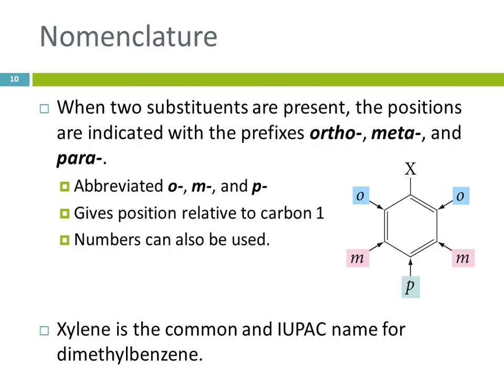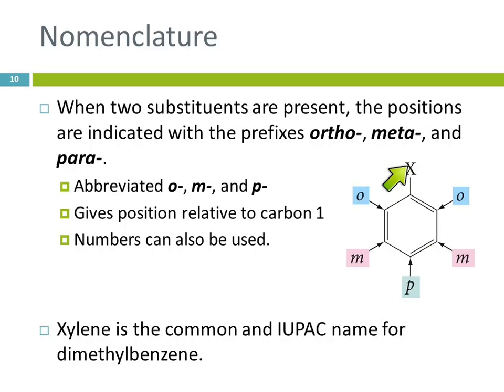Things get more interesting when we have two substituents. We have to indicate where they are. There are two methods of doing this. The one your book seems to prefer is ortho, meta, and para. So these prefixes tell us the relationship between these two substituents, and this diagram is very helpful.